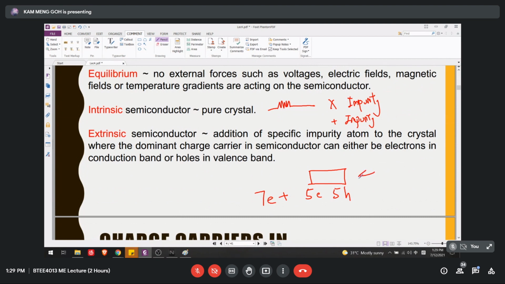So that right now it becomes an N-type semiconductor, negative type semiconductor. But on the other way, if you add 10 holes, it will become a P-type semiconductor, positive type semiconductor. The one we call an extrinsic semiconductor. But today we are going to deal with the equilibrium and the intrinsic first.